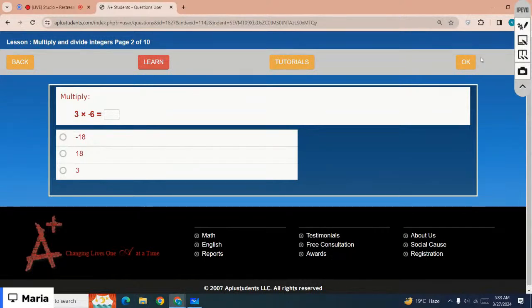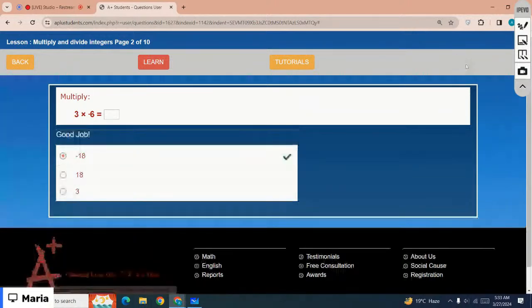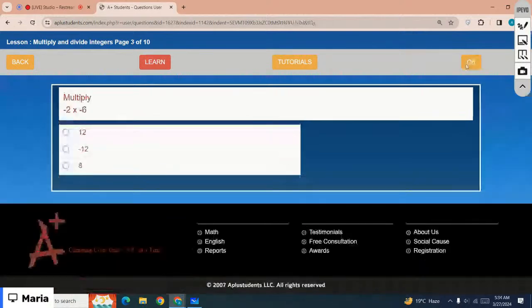It's 3 times negative 6, so which is the correct option? Yes, one of the numbers is negative, so the answer must be negative. 3 times 6 is 18, that is negative 18, right? Option number 1 is the correct option. The next one is negative 2 times negative 6.